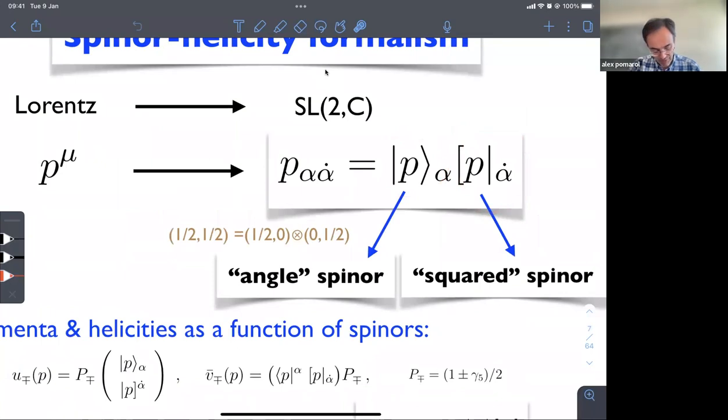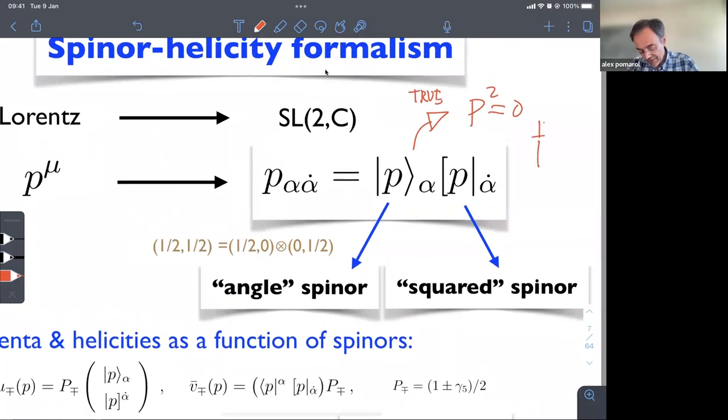This is only true for p squared equal to 0. If p squared is different from 0, you need two spinors: a spinor p and another spinor called p prime.